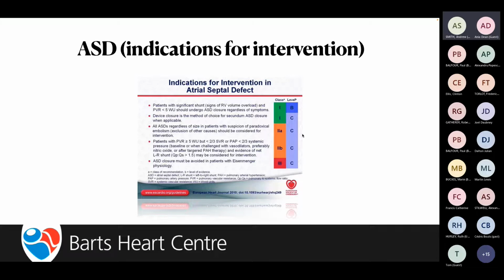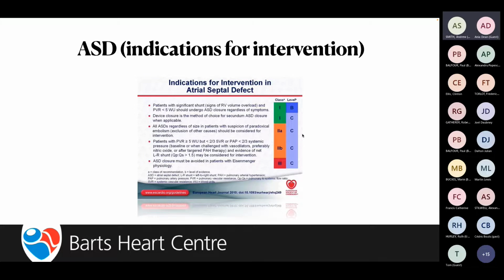But in patients who have a suggestion of pulmonary hypertension on transthoracic echo, they should go on to have an invasive cath to check, and those with an elevated pulmonary vascular resistance may benefit from pulmonary vasodilators. Certainly, you wouldn't want to close the defect without thinking about it carefully, and some patients would go on pulmonary vasodilators to bring the pulmonary pressure down, and then might be considered for closure later.